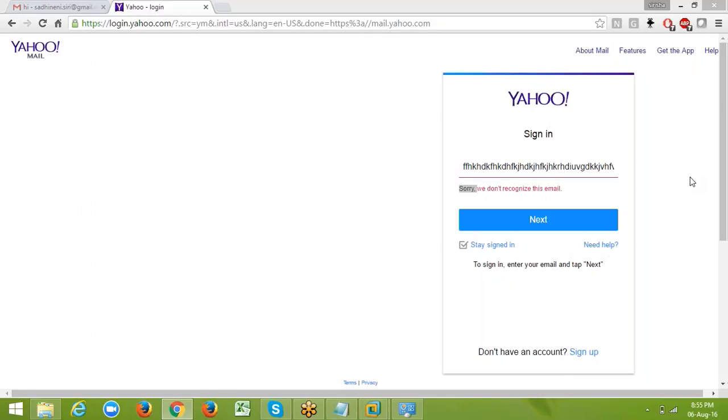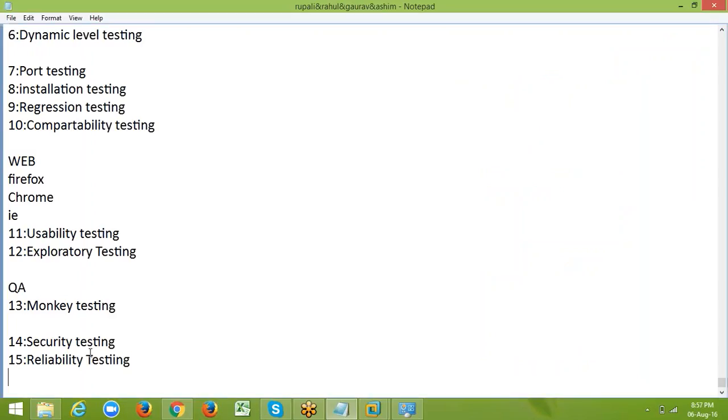So in this week, what I am doing is I am going to test the project for a long period of time. We call it reliability testing, which means we keep on testing it for a long period of time. That is called reliability testing.